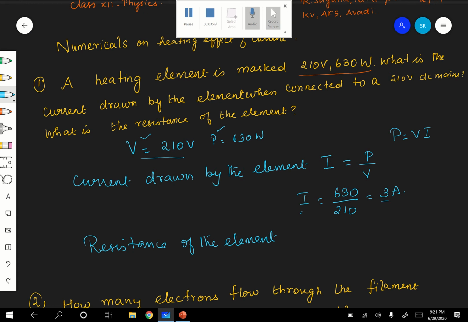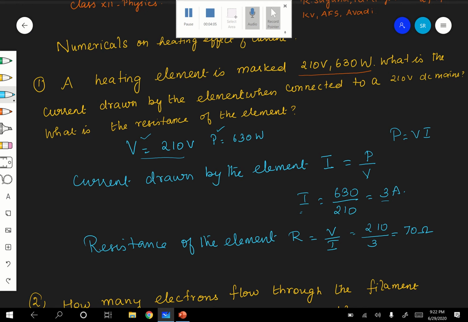So you know V, you know I, therefore you can directly find R, that is equal to V by I. That is 210 divided by 3, and therefore it is 70 ohm.